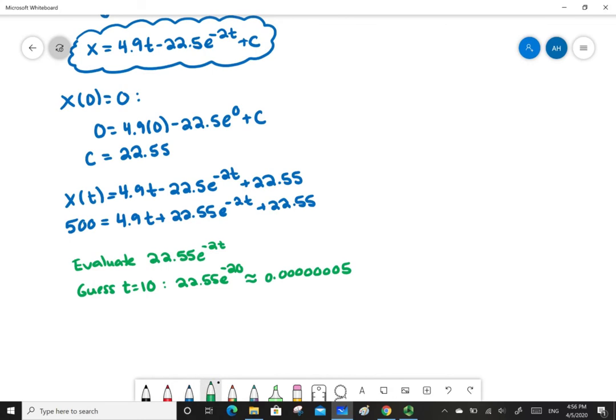So the exponential term in our equation is negligible even for modestly large values of t. So we can just approximate that x is 4.9t plus 22.55 and then solve 500 equals 4.9t plus 22.55 instead, which is much easier.